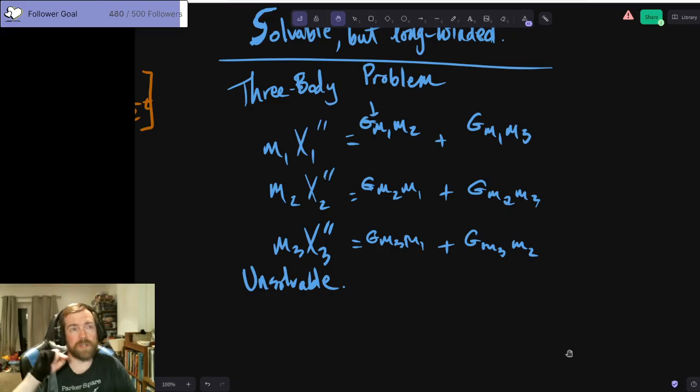The number of bodies increases by a constant every time, but the number of interactions is the square of the number of bodies that you're talking about. So it just keeps going up like a parabola.